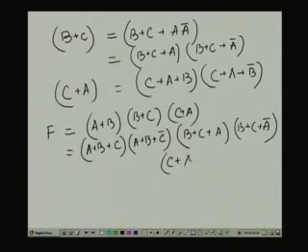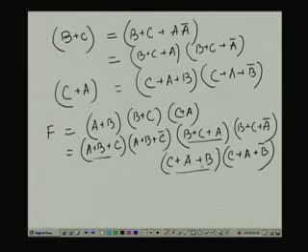Now see here, A + B + C, A + B + C, A + B + C appear repeatedly. So x·x equals x itself, from the basic postulates.